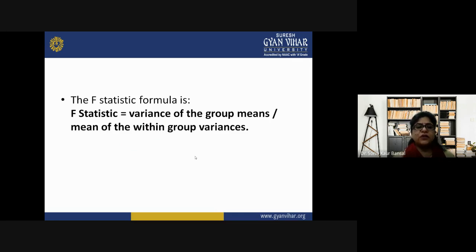Now let's have a look at the F-test formula. The F statistic is the variance of the group means over the mean of the within-group variances, and there are different formulas given for it, and just practice will enable you to do a more proper F-test on your data.